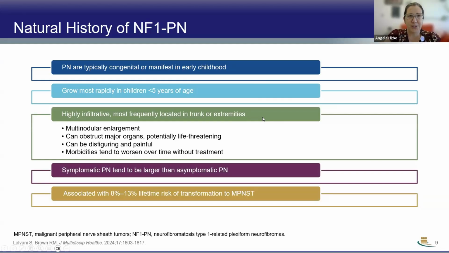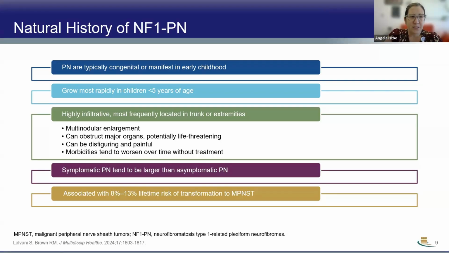So we think about the natural history of plexiform neurofibromas. We think of them as being congenital, so they're likely present at birth. They may not manifest until early childhood. They really grow most rapidly in children less than 5 years of age. And these are very infiltrative tumors, most frequently located in the trunk or extremities.